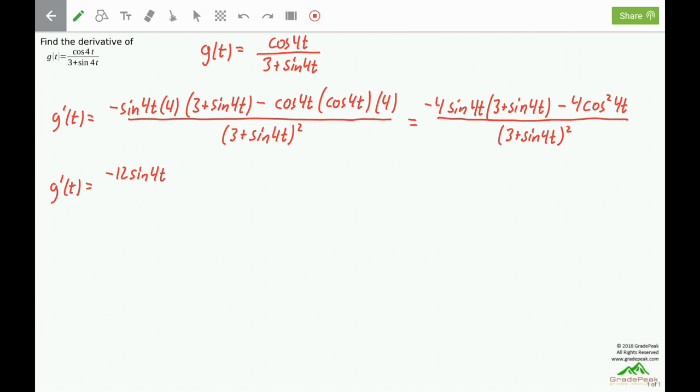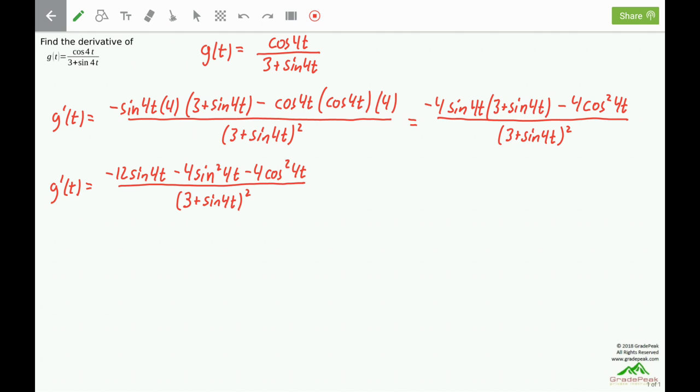And then a negative 4 sine 4t times a positive sine 4t will be a negative 4 sine squared 4t. And then we have the negative 4 cosine squared 4t, all divided by 3 plus sine of 4t quantity squared.